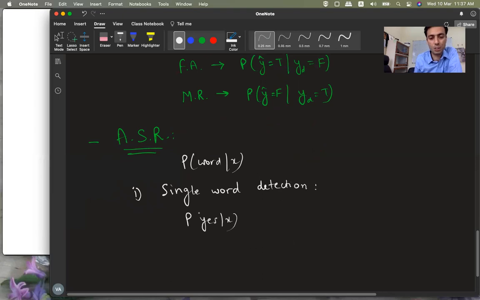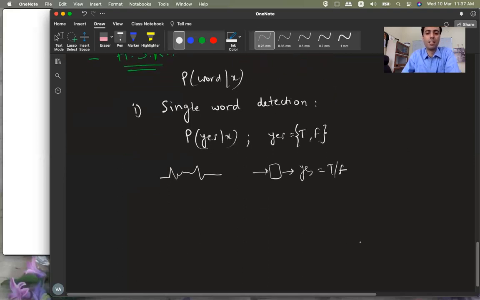You just have to tell whether yes is true or false. Simply a binary detection problem, a single word detection problem. My input is just some audio sequence, and you are saying whether it is present or not. This could be speech recognition, and this problem is very similar to the event detection problem which we have seen.